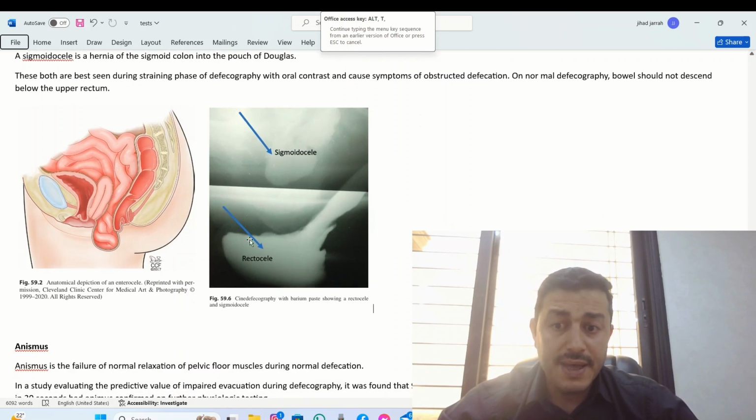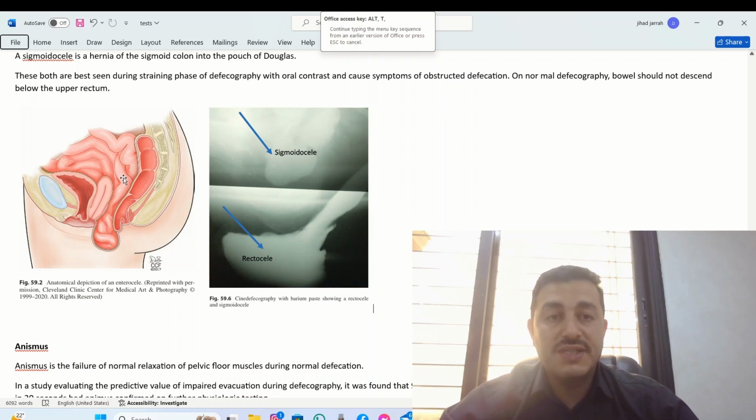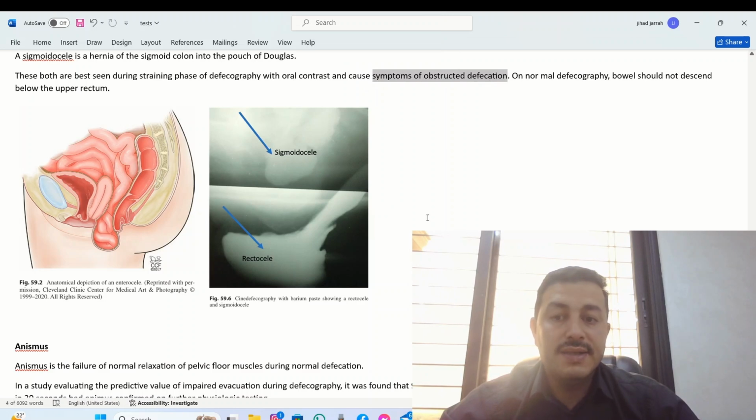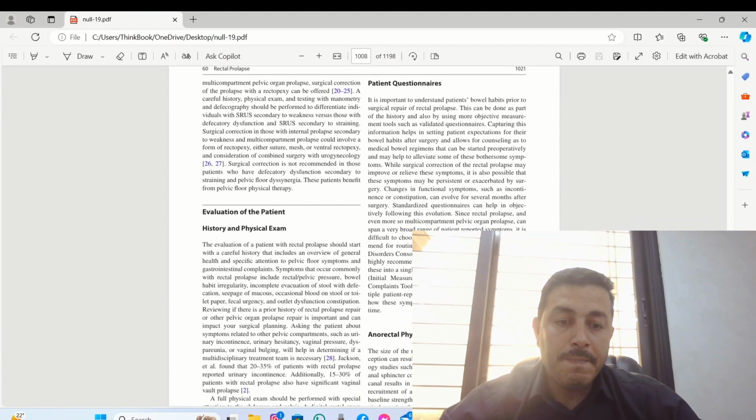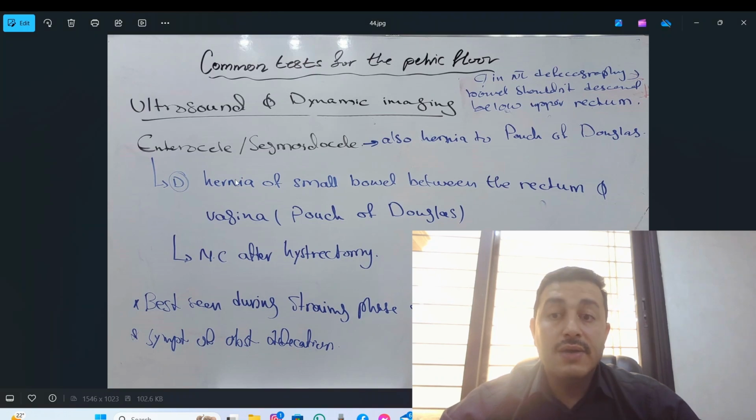Sigmoidocele is also herniation through the pouch of Douglas. This patient will present with symptoms of obstructed defecation. Sorry for that, let me go here. You can see enterocele is defined as small bowel between the rectum and vagina.